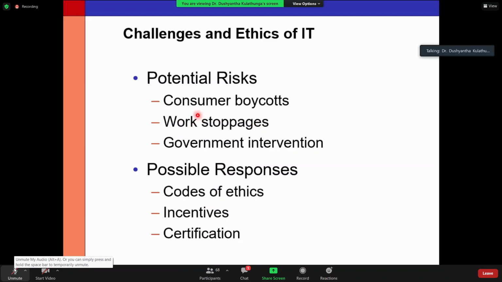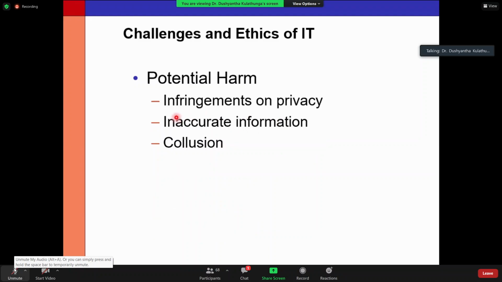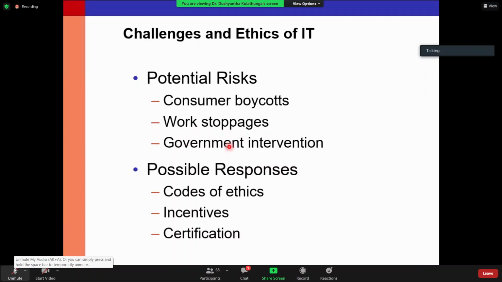So they can't conduct their day-to-day operations until their systems are reinstalled and their problems are rectified. So due to different types of incidents, they may have to stop running their systems.